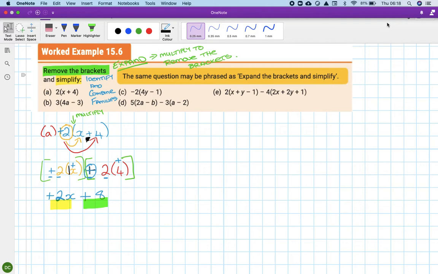So that means I'm finished. The answer is 2x plus 8. Okay, remember you don't need to write the leading plus, but you do need to write the middle one. So there's my answer: 2x plus 8. Okay? Right, we'll do another one.